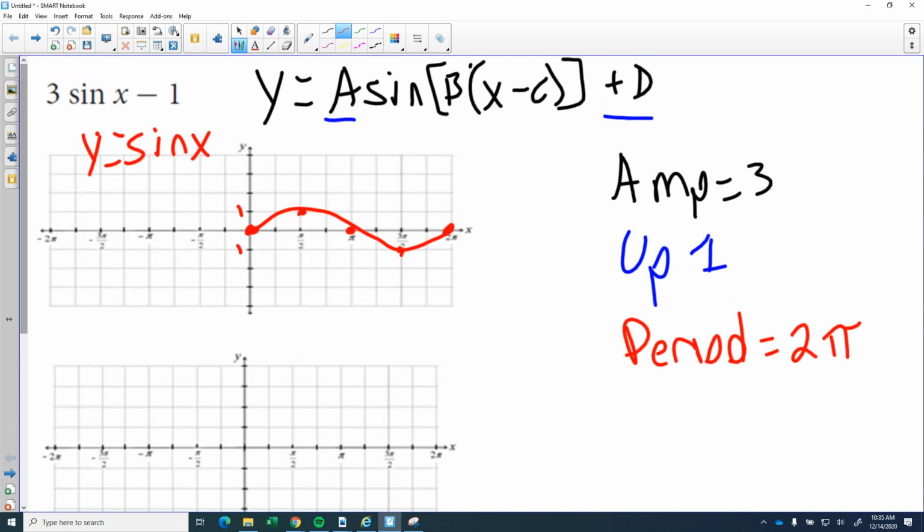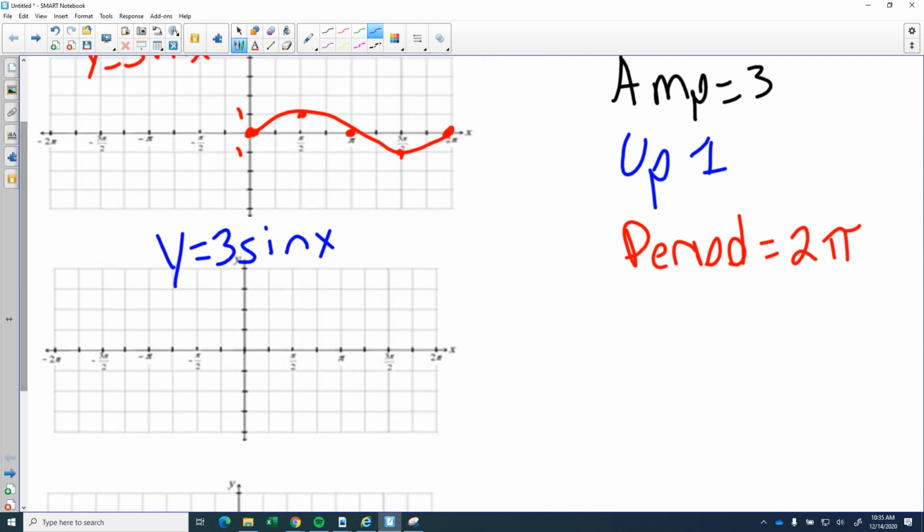The next thing we're going to add is our amplitude. What would happen if I apply a 3 sine of x? Well, the idea of an amplitude is that it tells you how far of a stretch your max and your min are going to become. So if you consider sine, our maximum and minimum were at 1 and negative 1. Well, if I have an amplitude of 3, now that value is just going to go up to a positive 3 and a negative 3.